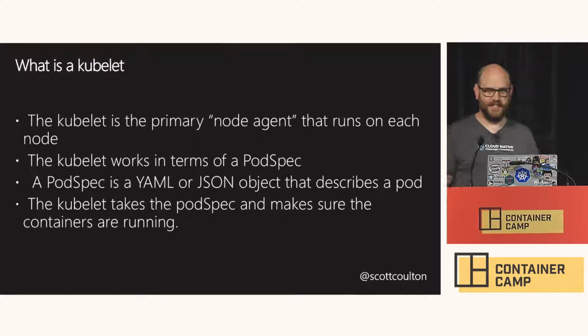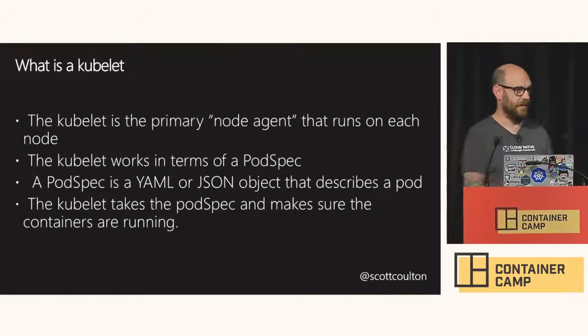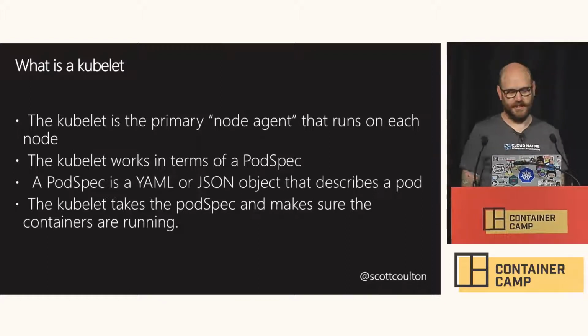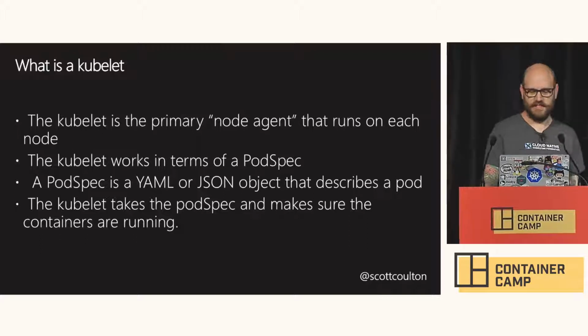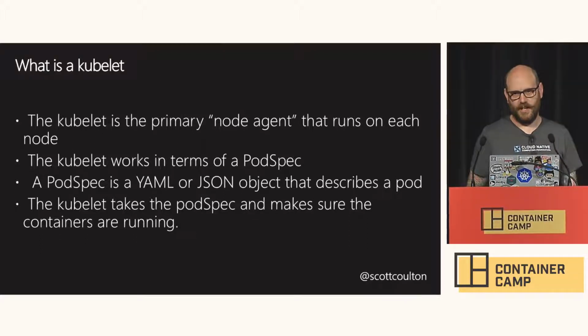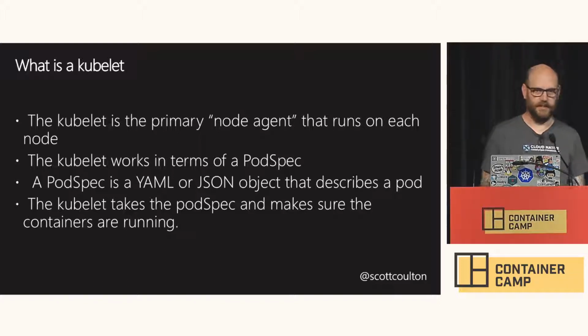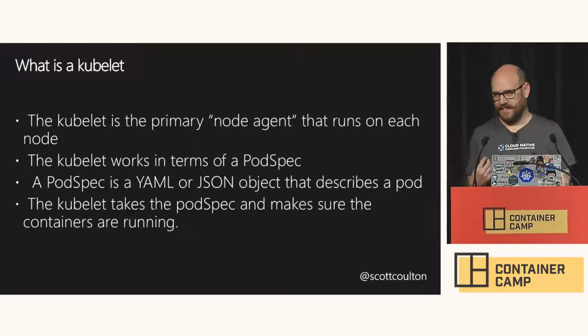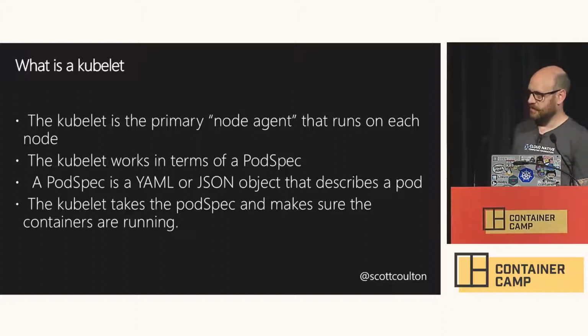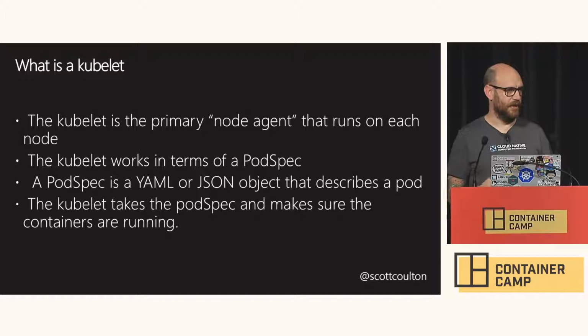A kubelet runs on every node. Its job is to understand the representation, which is called a pod spec, of what your pod looks like. And the job of the kubelet is to make sure that the pod's either running or not. Now, don't confuse this with the replication controller, because a kubelet will not restart a pod if it fails.